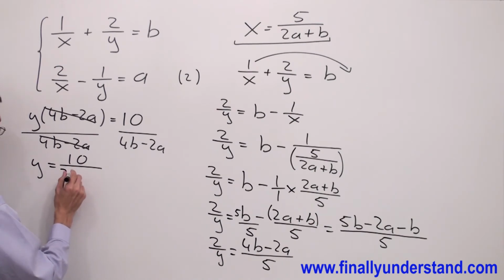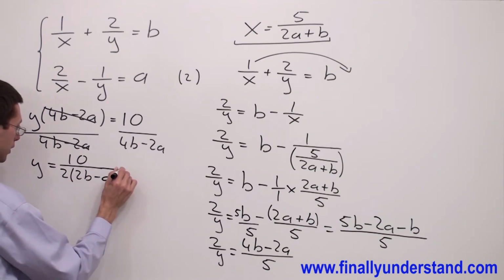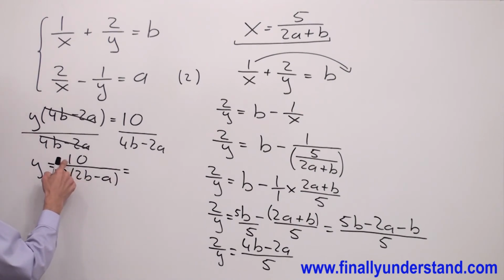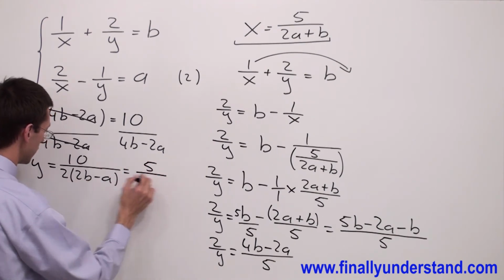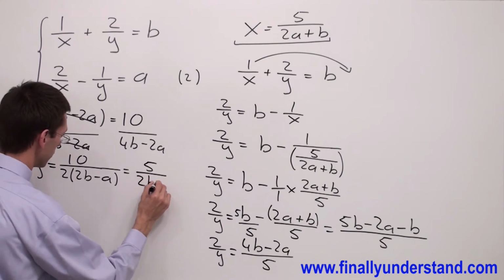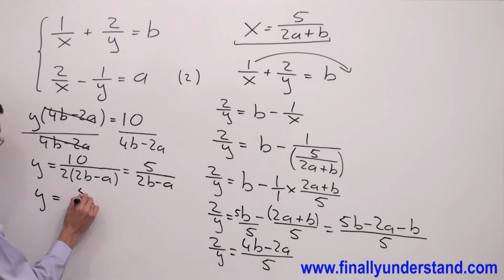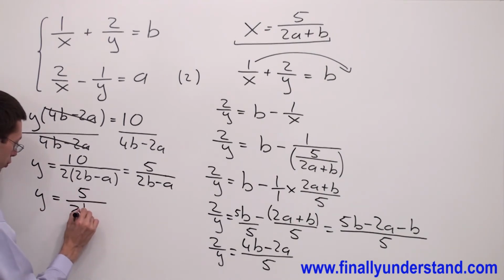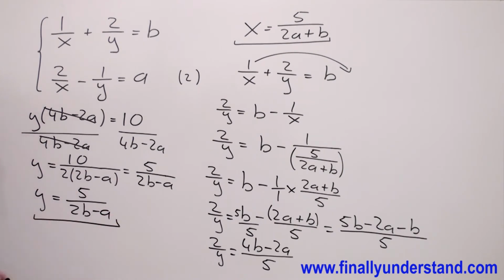I have 2, open parenthesis, 2b minus a. Please notice that we can reduce 10 and 2 by 2. 10 divided by 2 gives me 5, and 2 divided by 2 is 1, and I have 2b minus a. So I can say that y is equal to 5 over 2b minus a. Okay, this is my y.